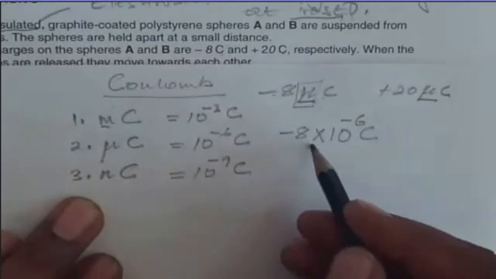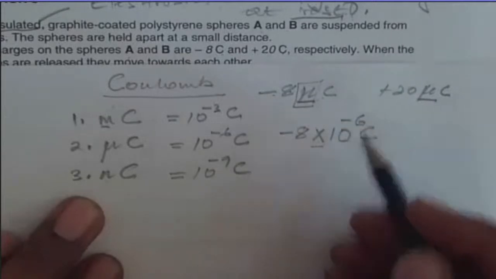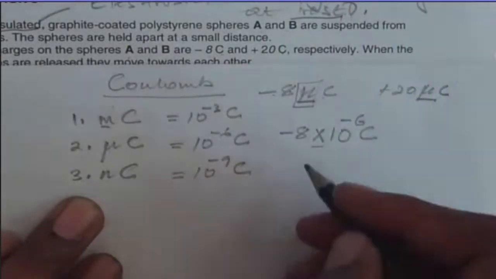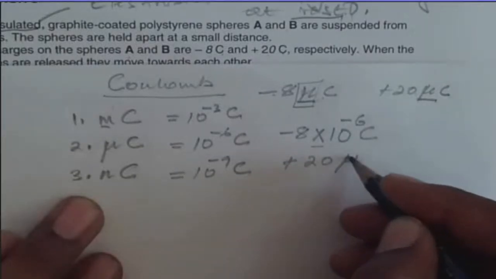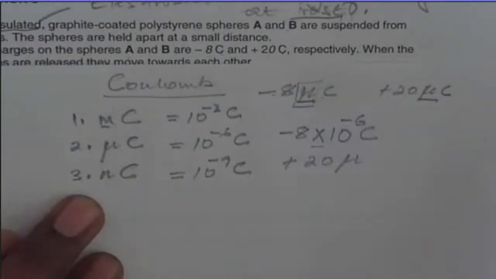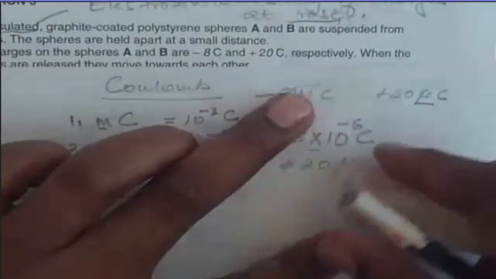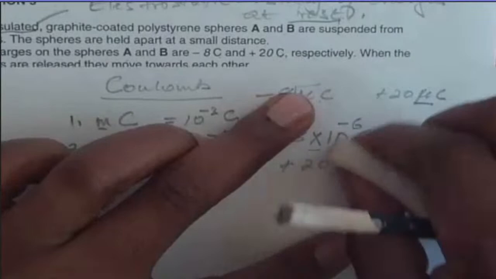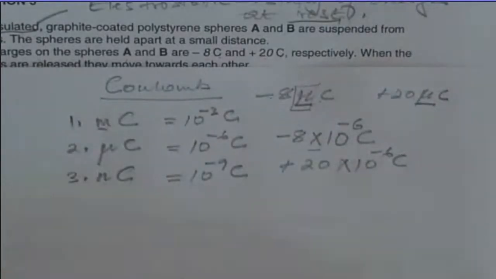This is how you change that. You say -8 multiplied by 10 exponent -6. Then for 20, it's 20 multiplied by 10 to the power -6, and that will be in coulomb.